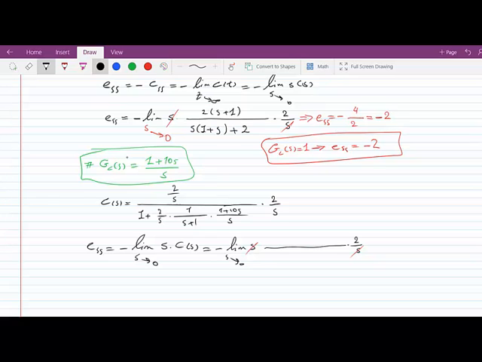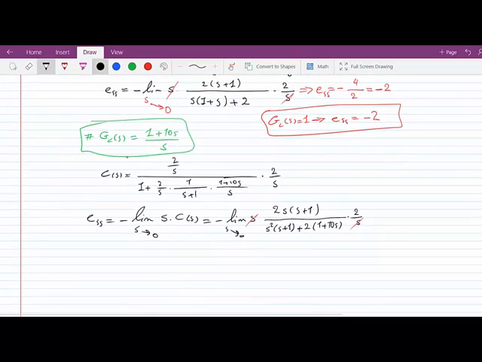And for the transfer function, we will have s squared times (s plus 1) plus 2 times (1 plus 10s) in the denominator, and in the numerator, we will have 2s times (s plus 1). And you can see here that as s goes towards 0, the steady state error will become 0. So for the second controller, the steady state error is equal to 0.